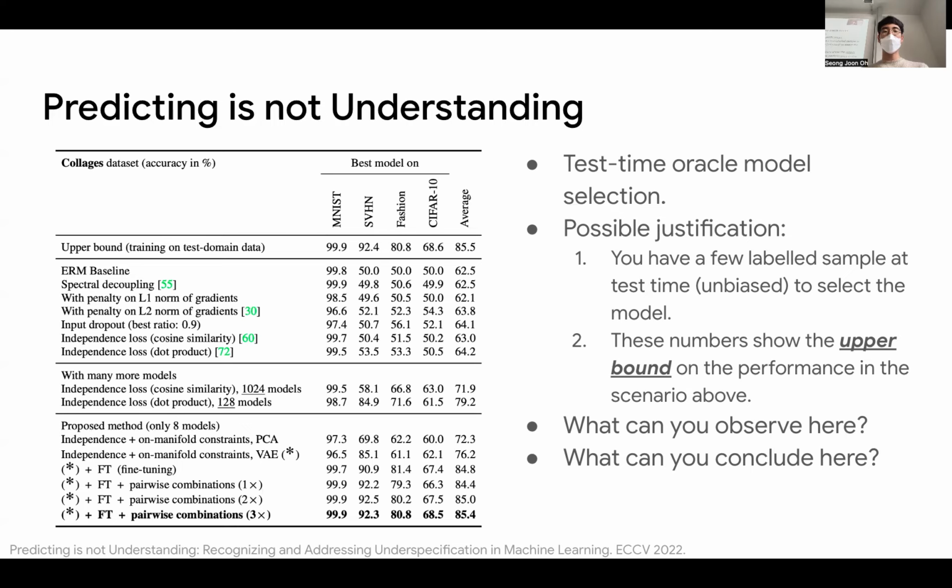So it looks like MNIST is the easiest cue to look at in this case, right? And they also trained with like 1,000 or 128 different models. And yeah, you can go crazy, like 1,000 different models using this method.